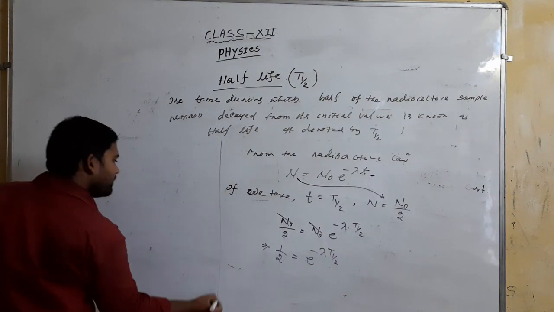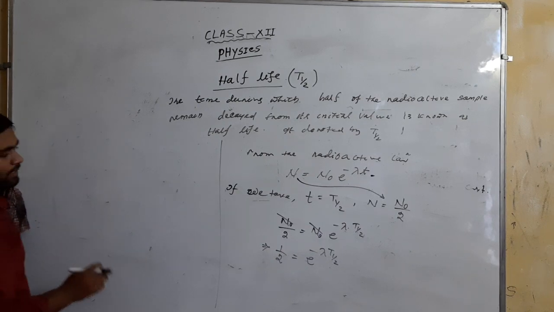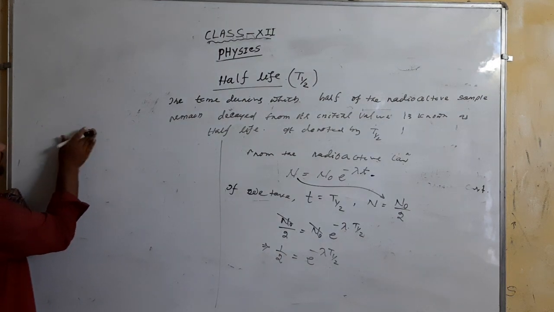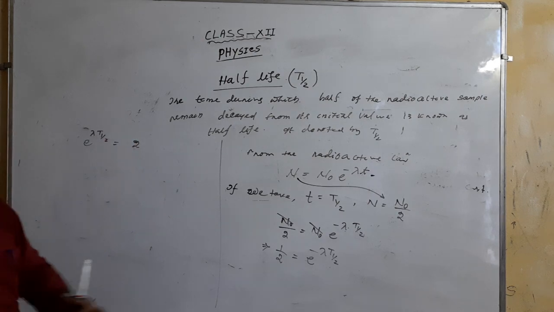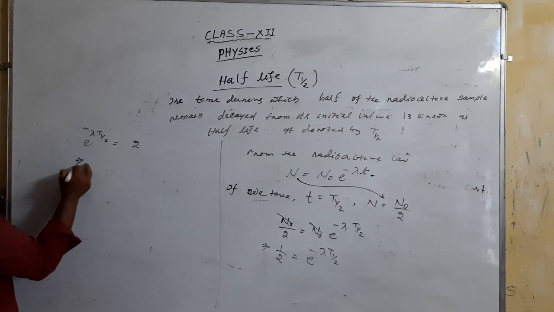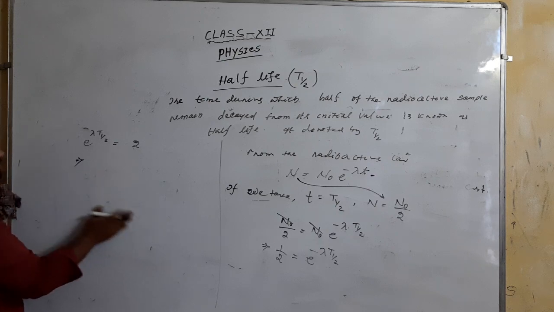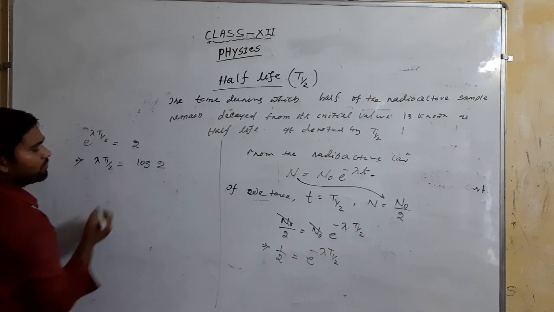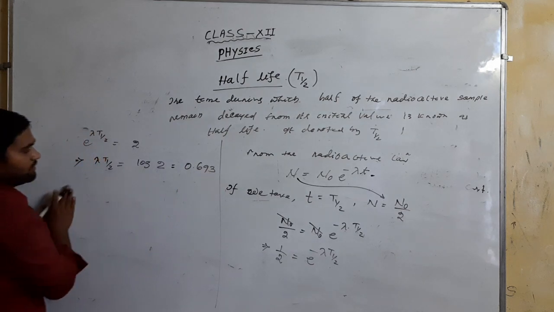If we simplify this expression, there is a negative sign and the reciprocal term. So we can say e to the power lambda T half equals 2. Reciprocal means 2 to the power minus 1, so the negative power on both sides cancels, which implies 2. Taking the logarithm on both sides, lambda T half equals log 2, and the value of log 2 everyone knows is 0.693.